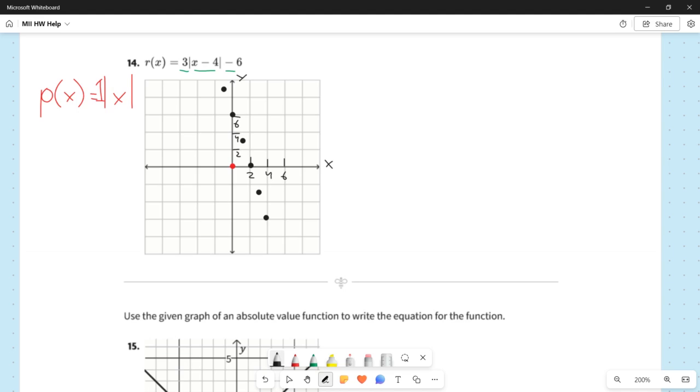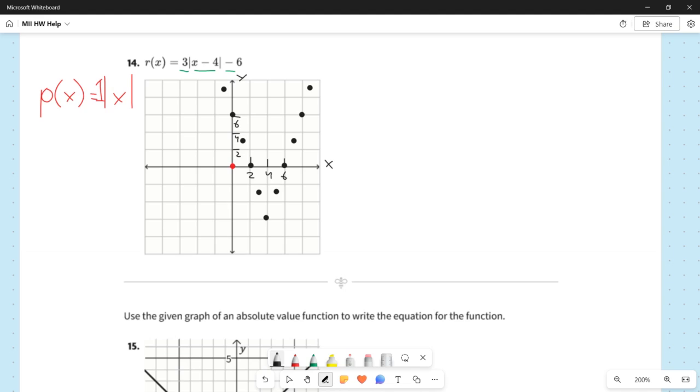Linear absolute value functions like this have a certain symmetry to them. Again, they tend to look like a V. So everything that we just did on the left, we're also going to do on the right. From the vertex, if we go up 3 and to the right 1, we're right there. It's a little hard when it's floating in between the boxes. Yeah, that's better. Again, up 3 to the right 1, up 3 to the right 1, up 3 to the right 1, up 3 to the right 1.